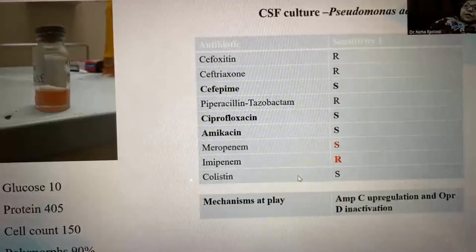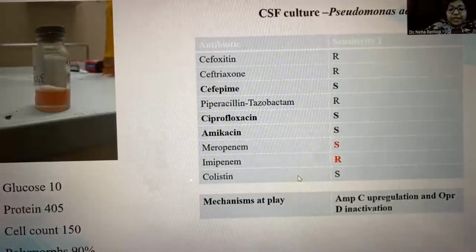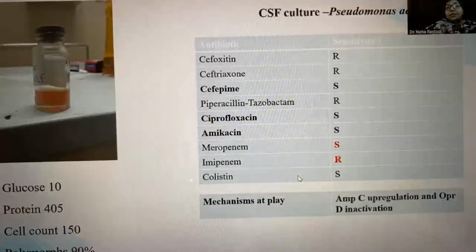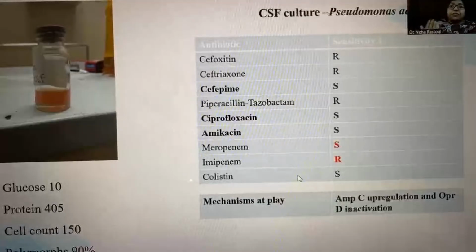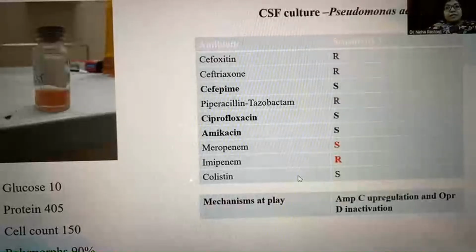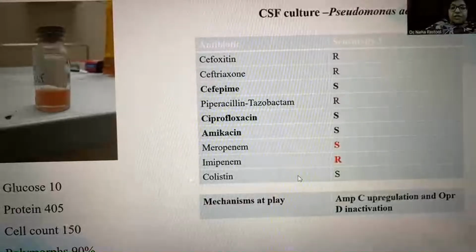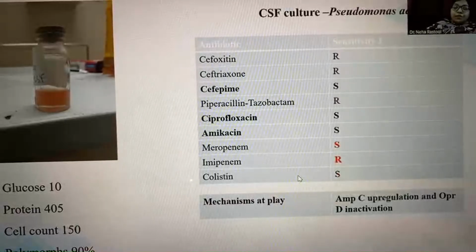Though this has already been discussed, just from the interpretative category, I would highlight that there can be many scenarios, specifically in Pseudomonas aeruginosa, where in your antibiotic sheet you see meropenem sensitive, so you automatically think imipenem is sensitive too, that they are the same class, and you can have cross-reactivity and use one or the other invariably.